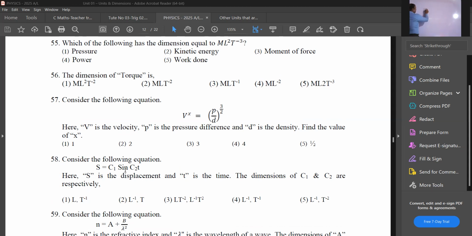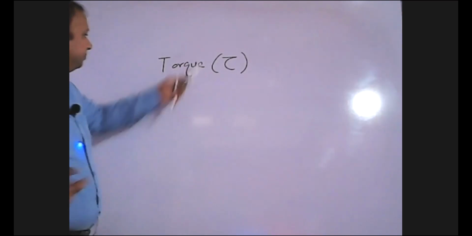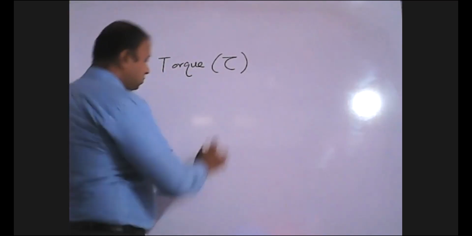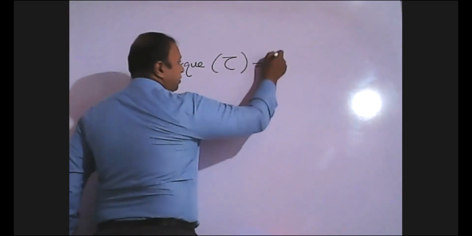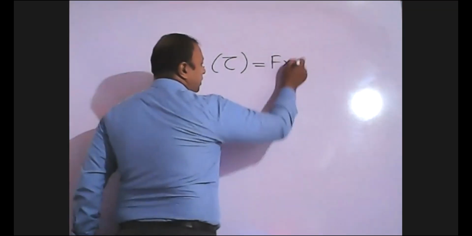Torque is normally represented by tau. Torque is equal to force into perpendicular distance.